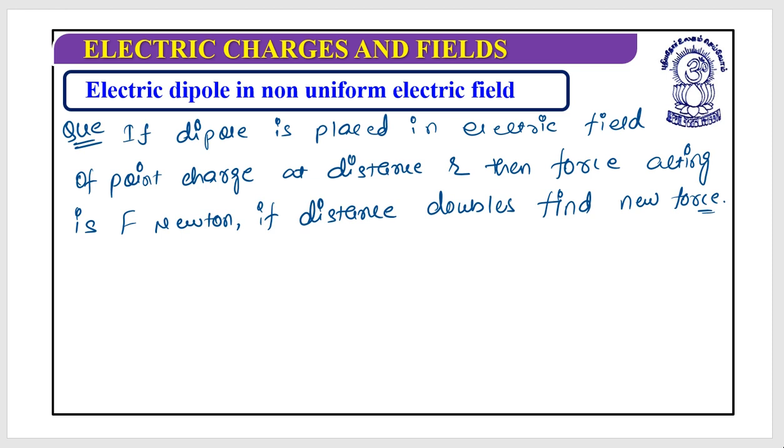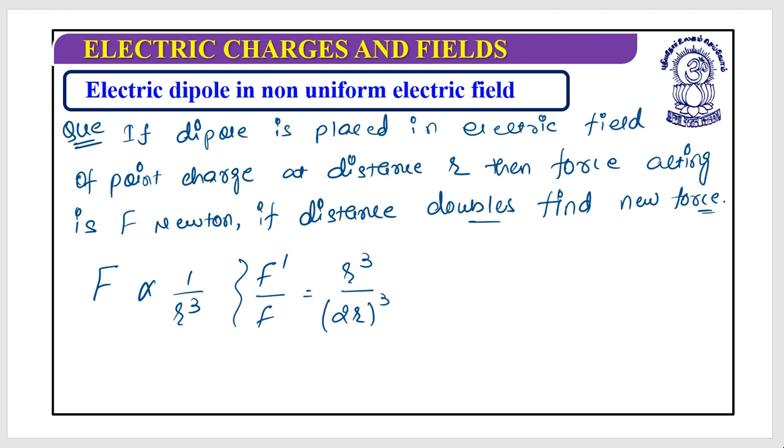Do it quickly. We must know that F is inversely proportional to the cube of the distance. So what they did is make the distance double. So I can write F dash by F equals r cube divided by 2r cube, that is r cube divided by 8r cube.